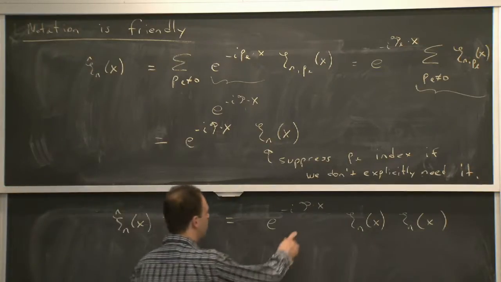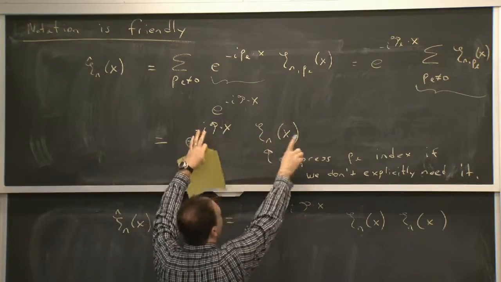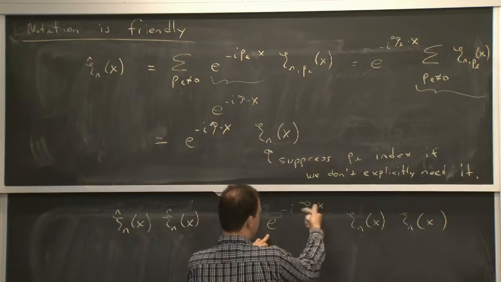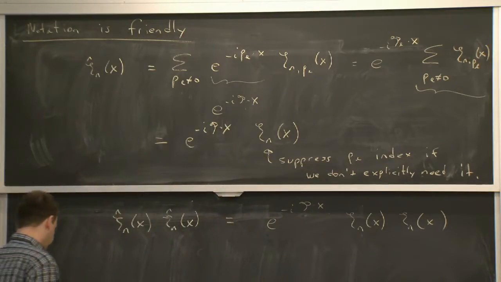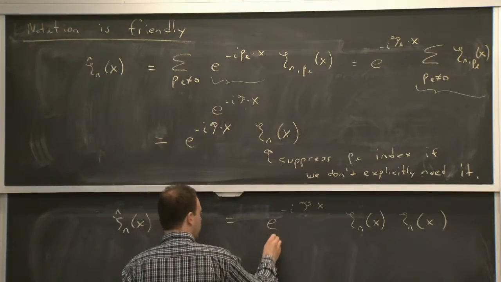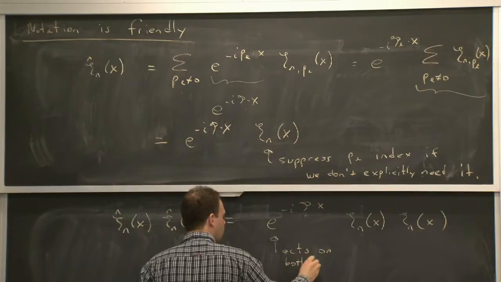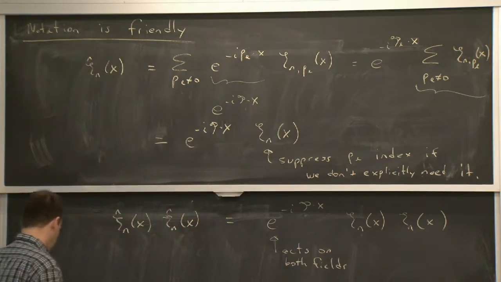Right? I'd have the label operator acting on this guy and that guy. And if I were to write out this twice with two sums, then because the product of those two exponentials can be written as a single exponential, this is true. So this guy acts on both fields. So in this sense, the notation is friendly.